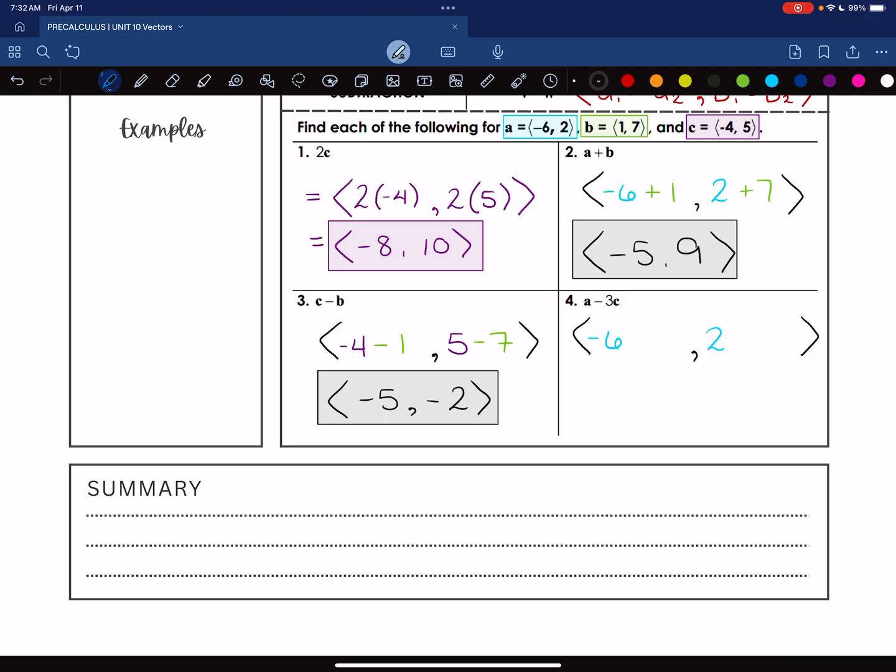And then we're going to be subtracting from that 3 times the components of our C vector, which are -4 and 5. So let's go ahead and simplify this. That is to say negative 6 plus 12 and 2 minus 15. And what is that going to give us? We will have positive 6 and a negative 13.